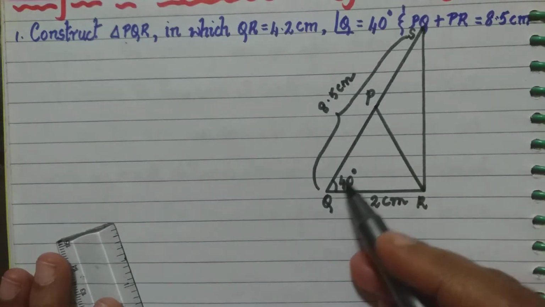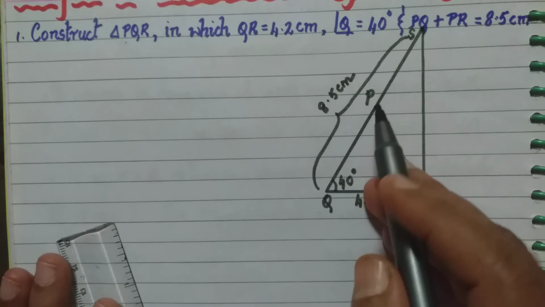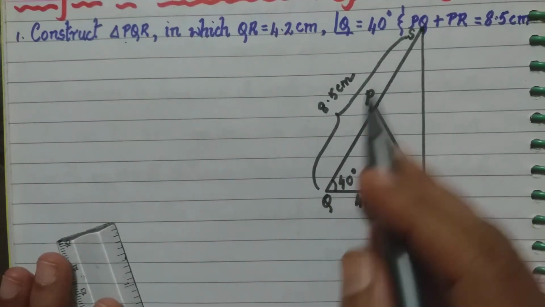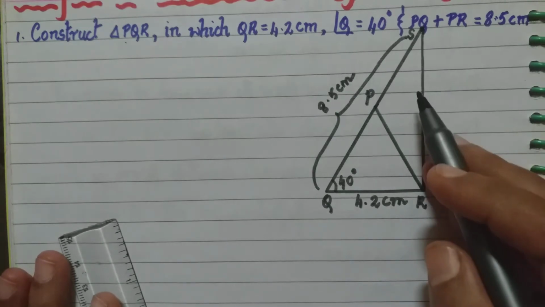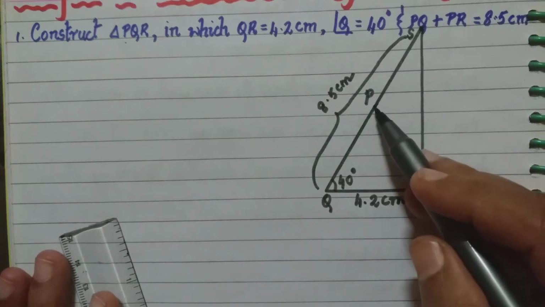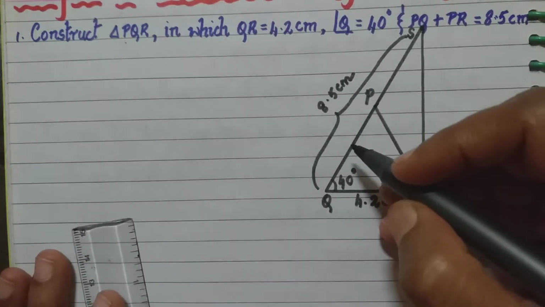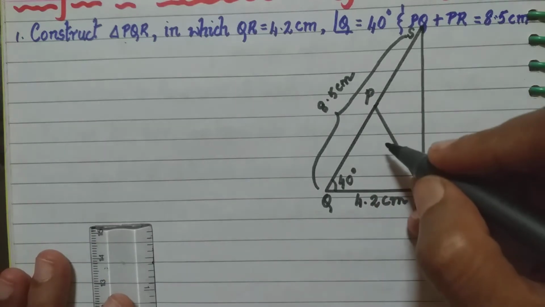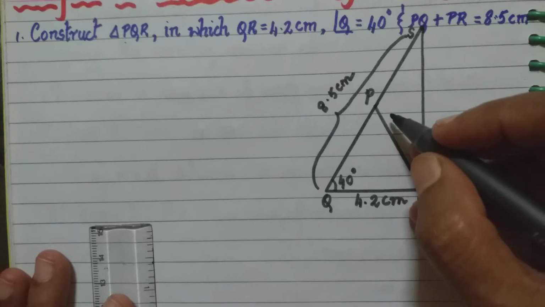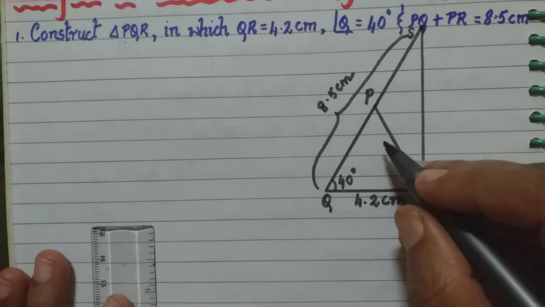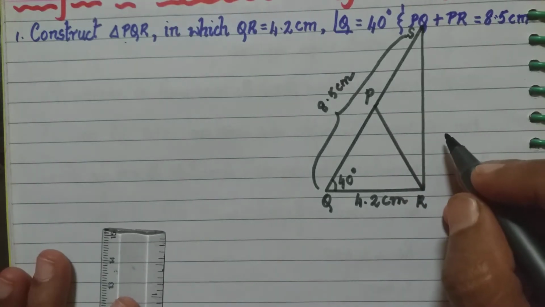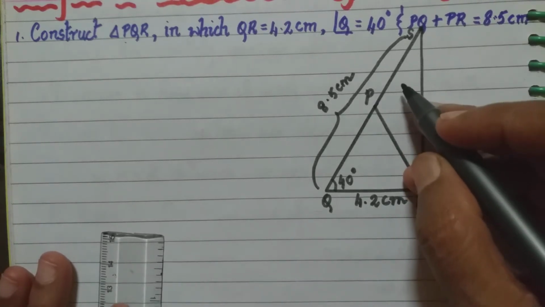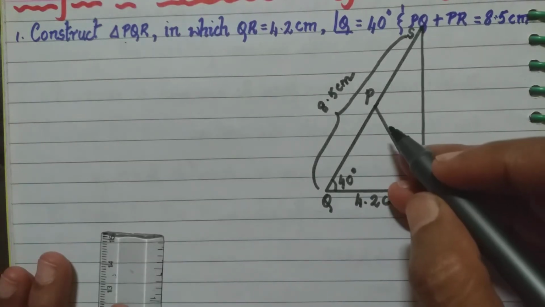Perpendicular bisector is a line which is perpendicular to the side SQ and also divides this line SQ into two equal parts. Where does it divide? At this point P. Therefore, the lengths here will be equal to each other. So we draw the perpendicular bisector and we see that the lengths are equal to each other.